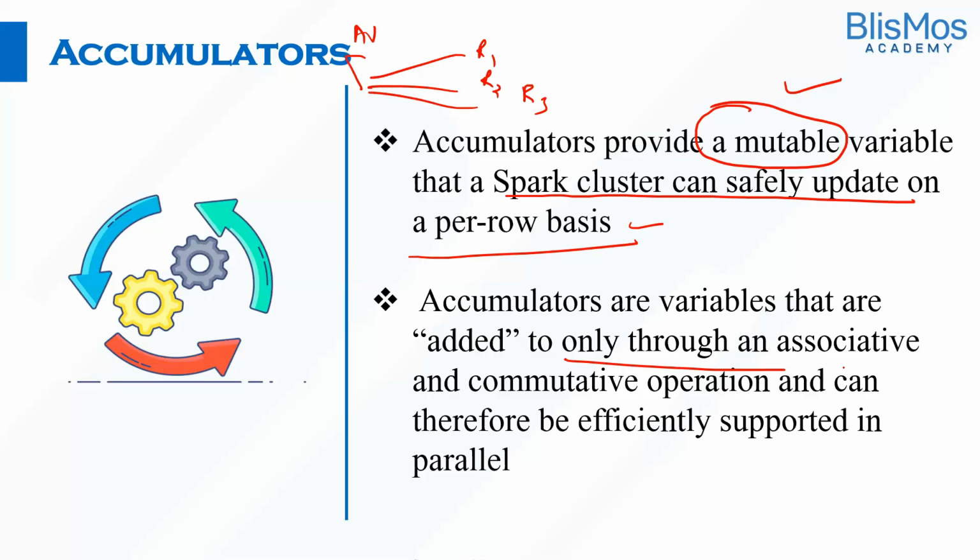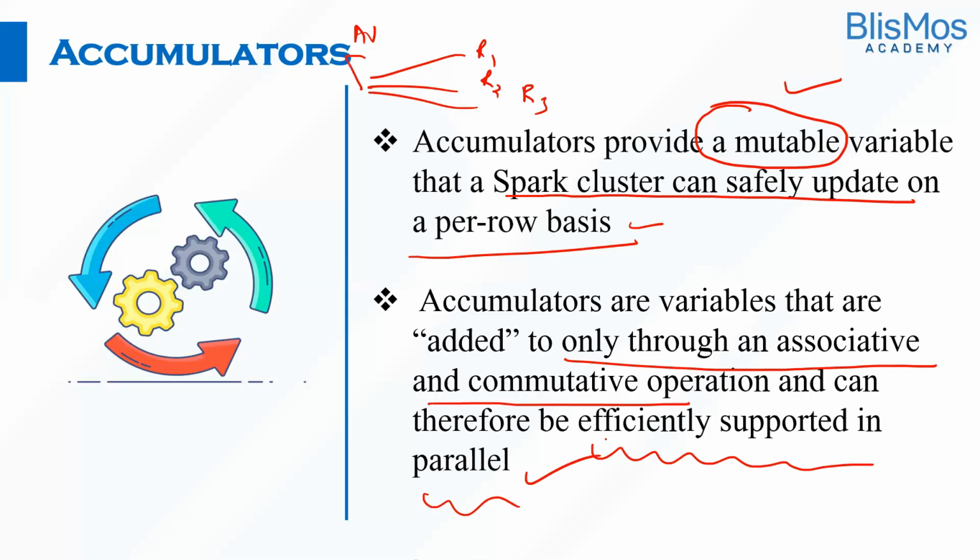One more important aspect is these variables are added only through associative and commutative operations. That's the reason they can be efficiently supported in parallel.